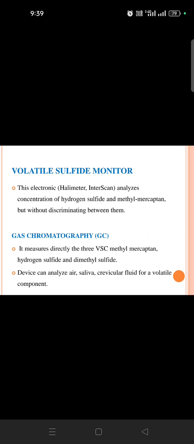Examples of this electronic device are the Halimeter and the Interscan. The next is gas chromatography. It directly measures the three volatile sulfur compounds: methyl mercaptan, hydrogen sulfide, and dimethyl sulfide. The device can analyze air, saliva, and crevicular fluid for volatile components.